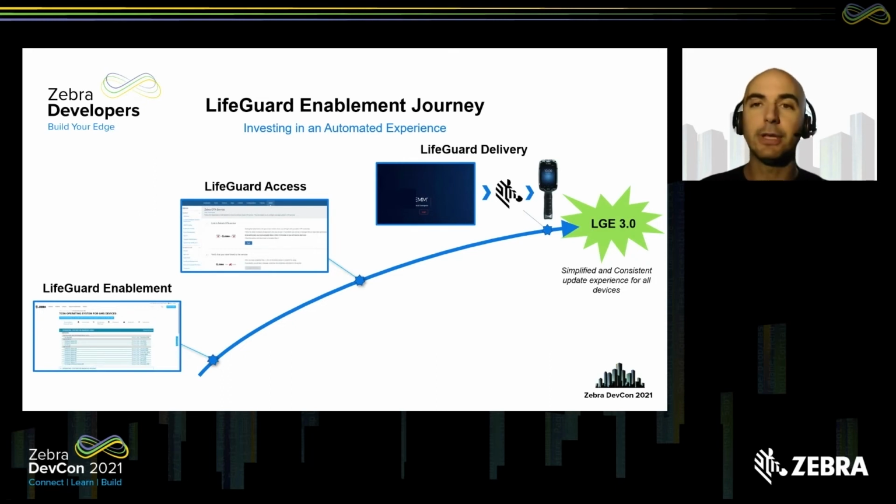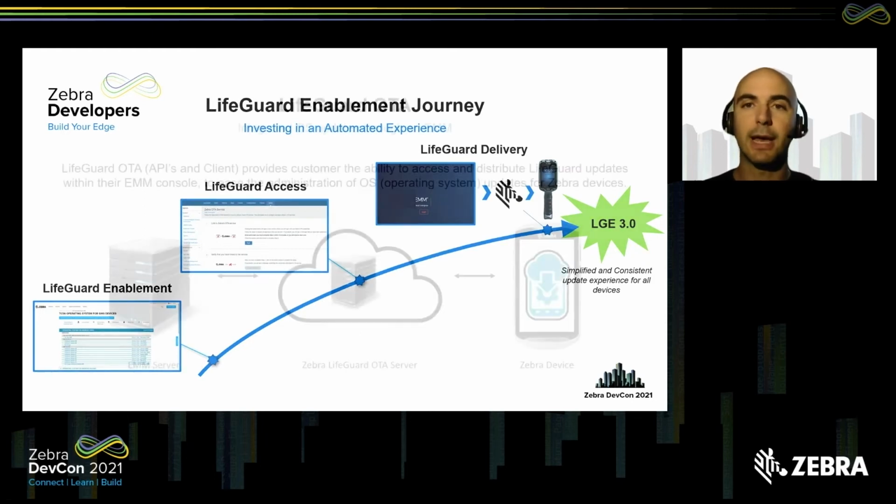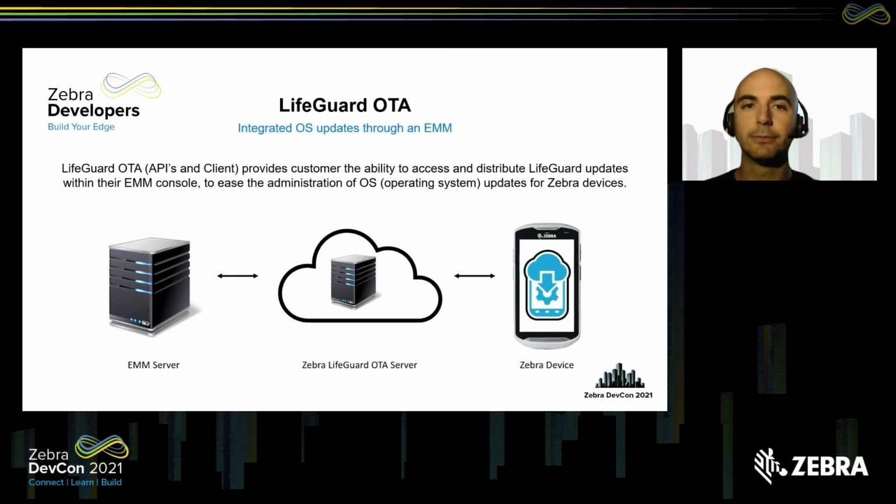Now, we've been continually evolving that to the point of introducing our own photo client so that through your EMM, you could pick an update, say, that's the one I want, and automatically under the cover, the update gets deployed to your device, and you never had to do anything more than say, that's the update I want. And we're driving to a more consistent experience with that and other improvements, which we'll talk about.